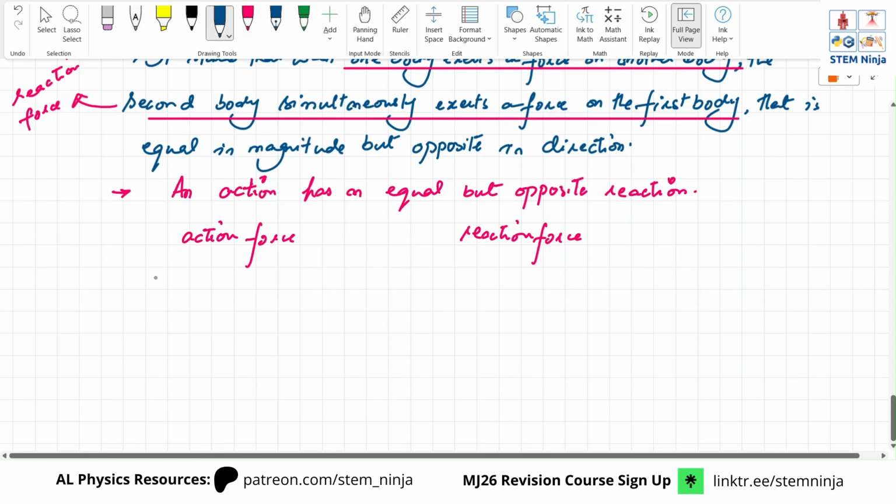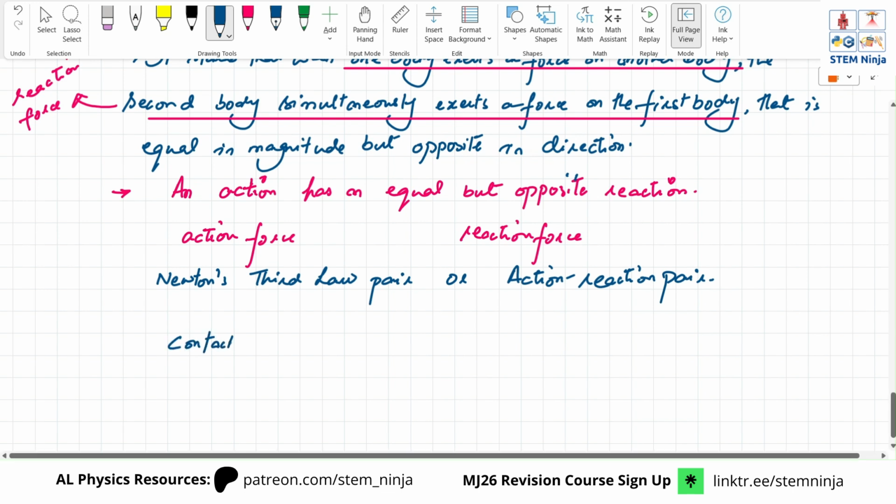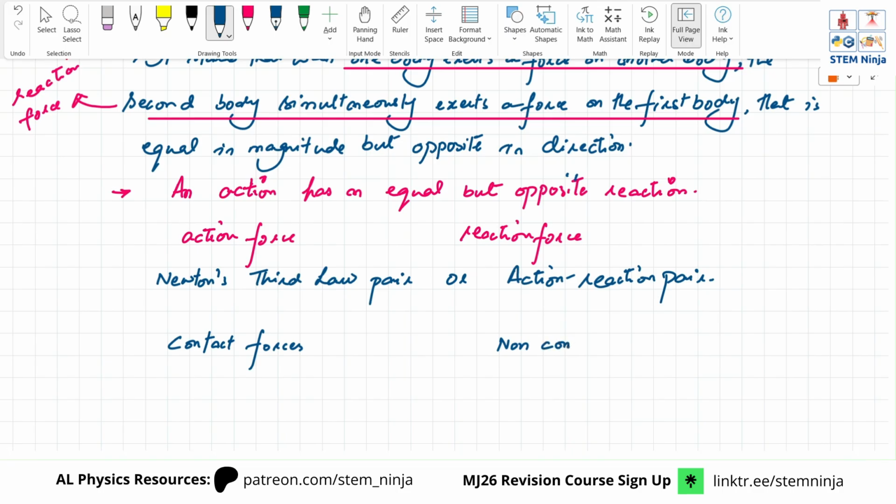So we often call them Newton's third law pair, or we can also call them an action reaction pair. Now this could occur in two forms: contact forces and non-contact forces also.